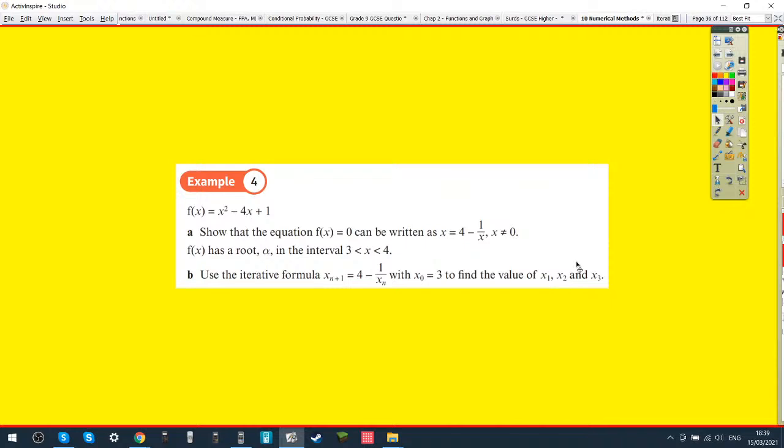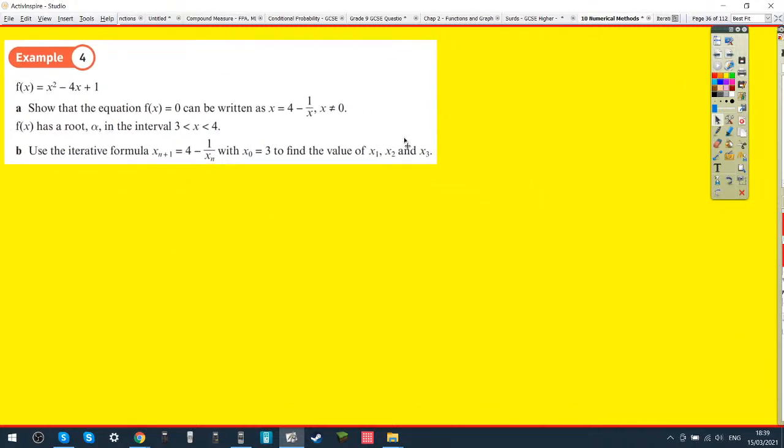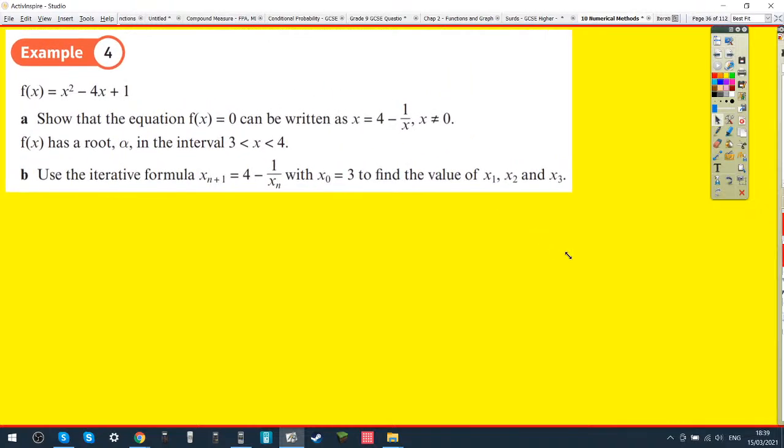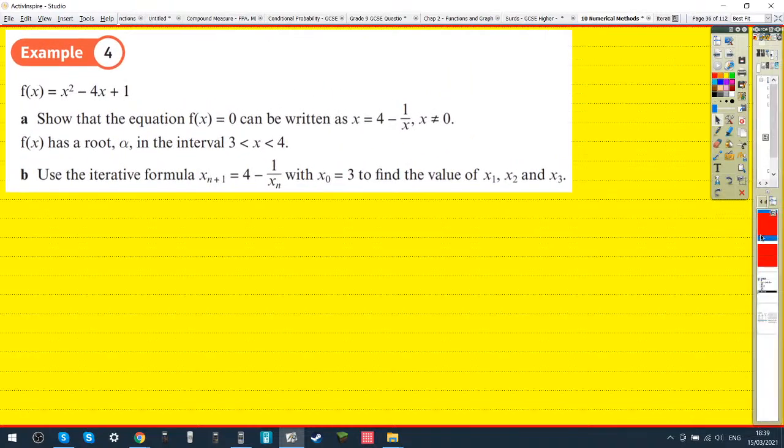Show that the equation can be written. Okay. How do we do this? So x squared minus.